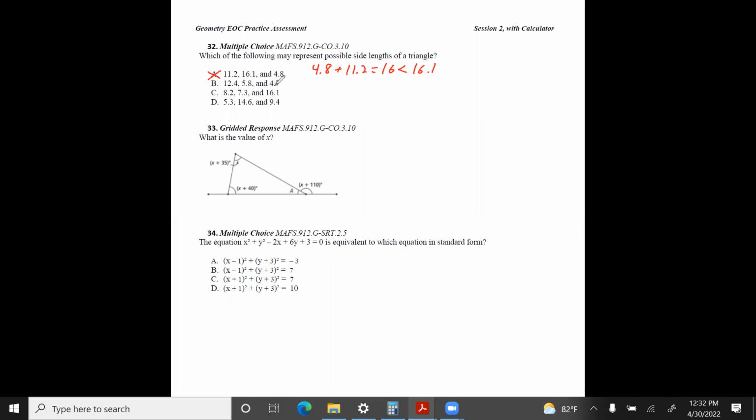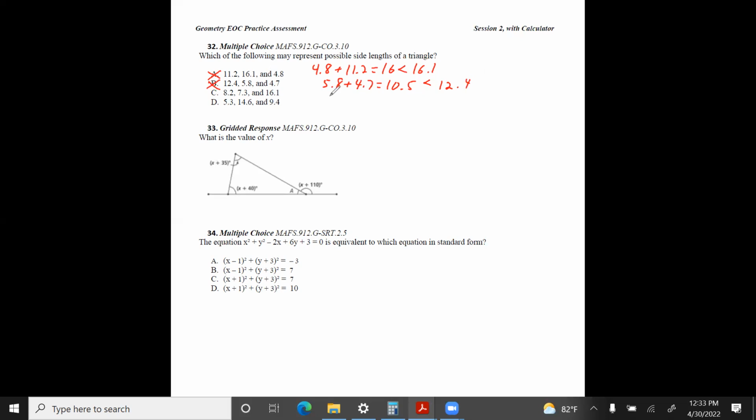Go on to the next one. Smallest 2 pieces are 5.8 and 4.7. If we add those 2 together, we have 10.5. The other side was 12.4, and 10.5 is less than 12.4, not greater than, so that doesn't work.